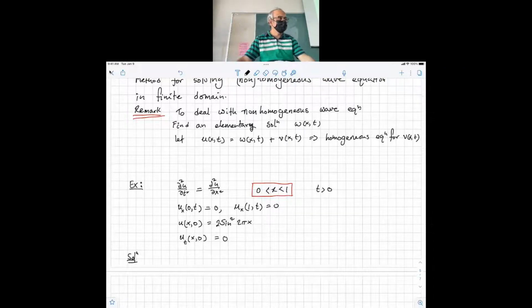Okay, so that means the technical work is on solving the homogeneous part.